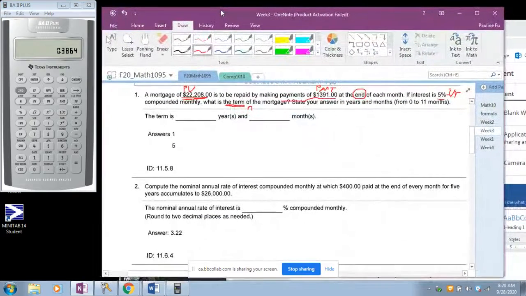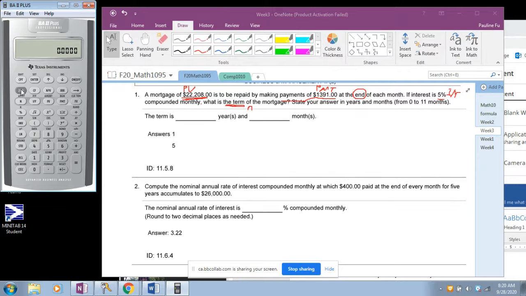Okay, go back to this question. So make sure your calculator is in END mode. Okay. So press second, quit. Okay, second quit. And then there's nothing in the top right corner.